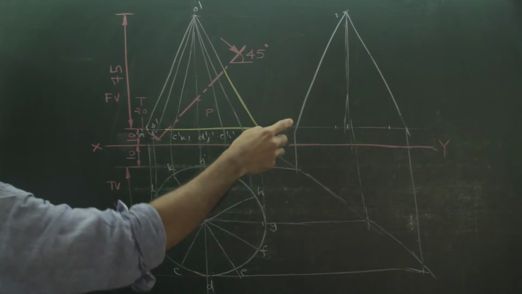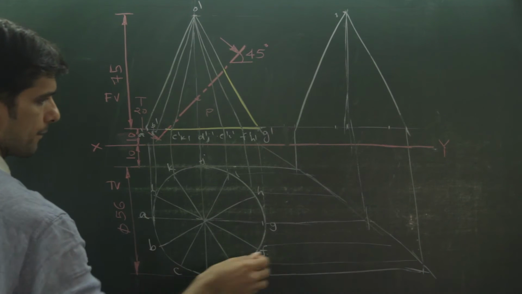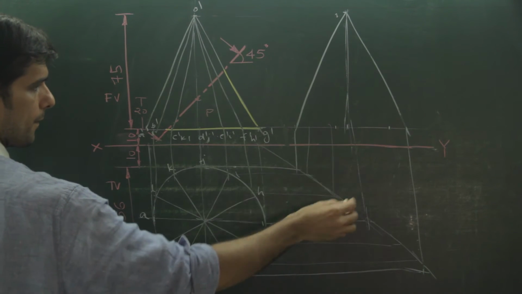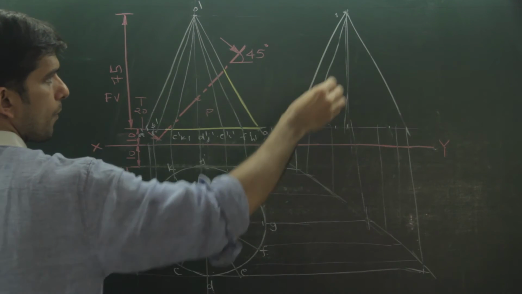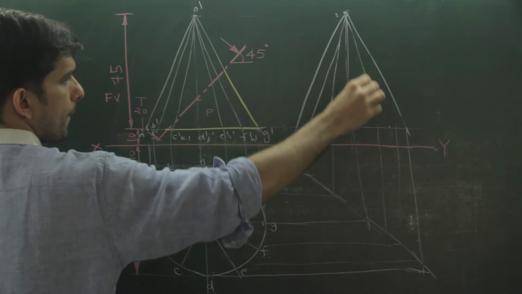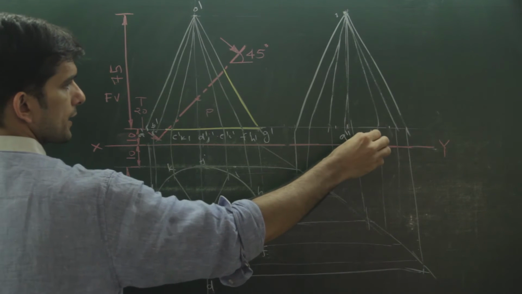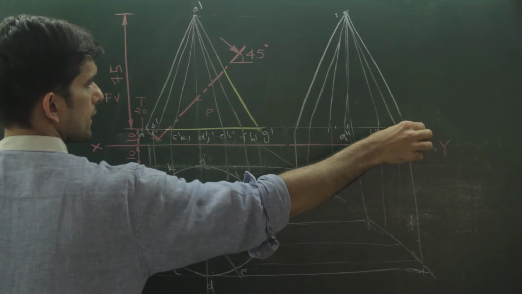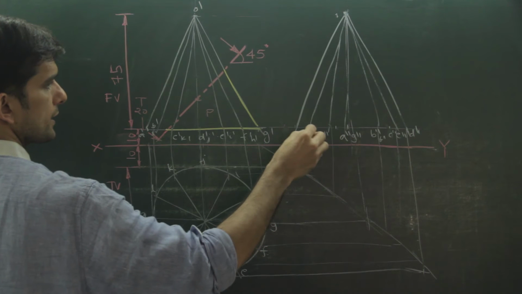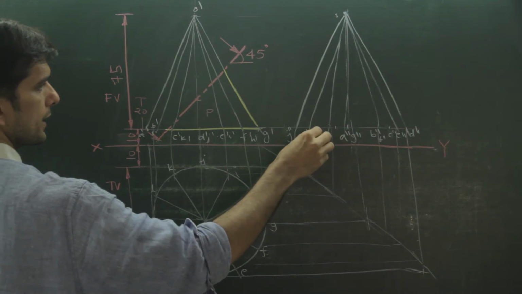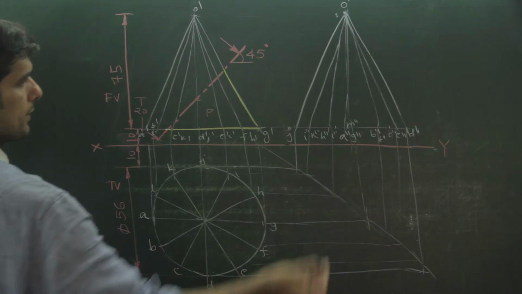And we'll draw these generators in the side view also. We'll take it from here. So if you do naming, this is A double dash, B double dash, C double dash, D double dash, E double dash, F double dash, G double dash, H double dash, I double dash, J double dash, K double dash, L double dash, O double dash, and this is M double dash.